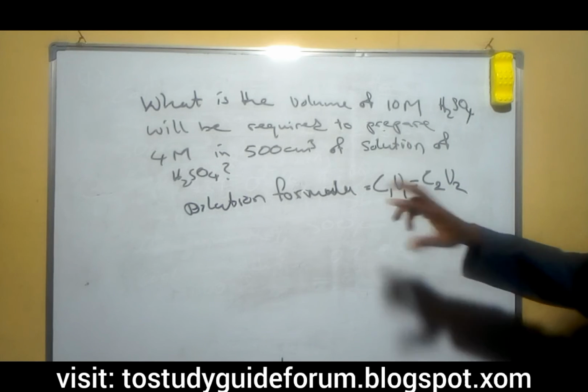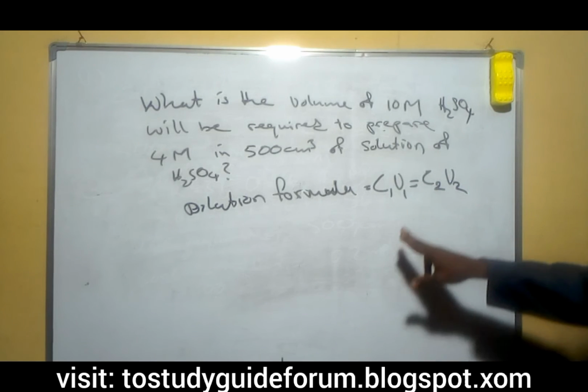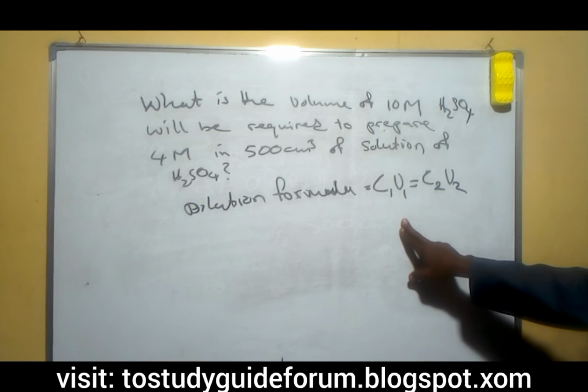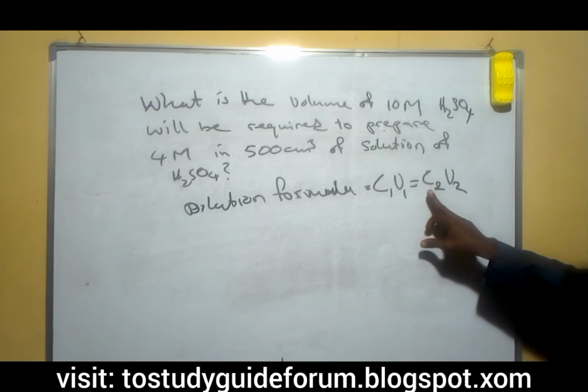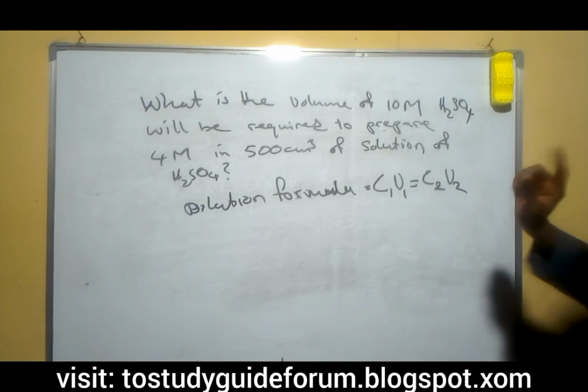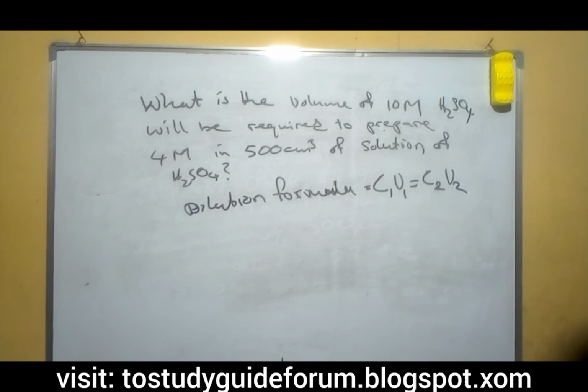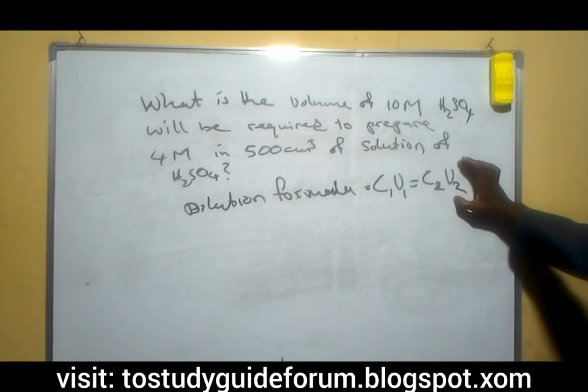This is the concentration in the initial solution and the volume of the solution. And this one is also the concentration in mole or molality. All of them can be considered concentration in mole per dm cube or molality of the solution. And this is the volume we require.